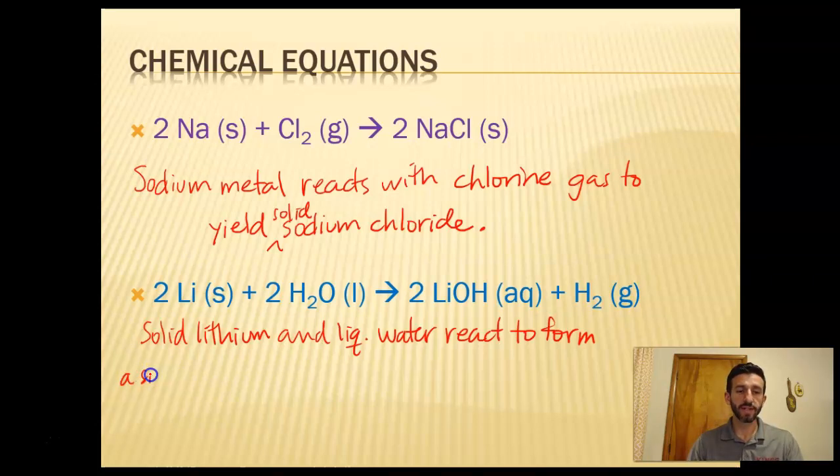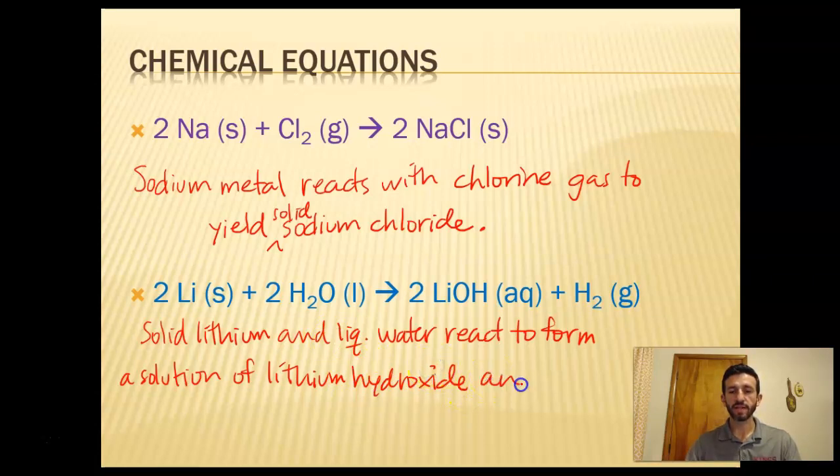So I'll just go ahead and say that. All of those mean the same thing, a solution of lithium hydroxide. And then my other product is hydrogen gas. So I'm going to say and hydrogen gas. So there we go. So those are three examples of going from a chemical equation to a word equation.